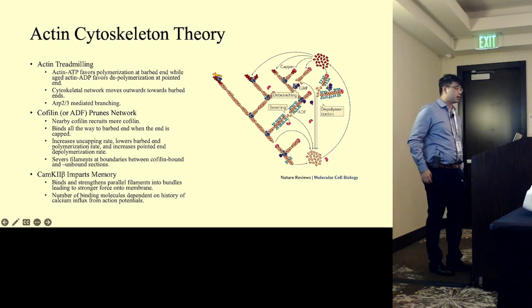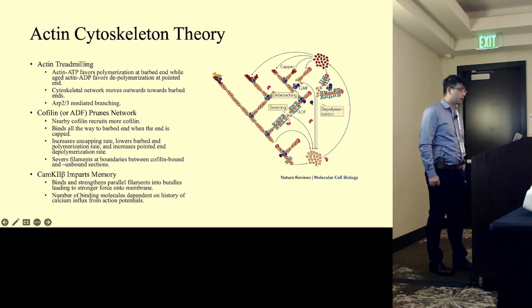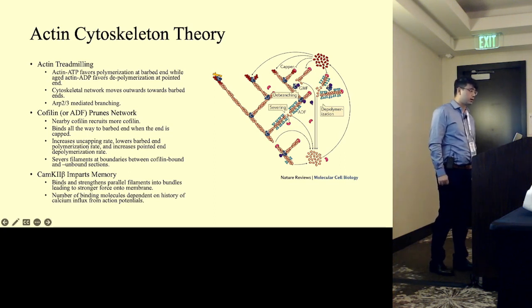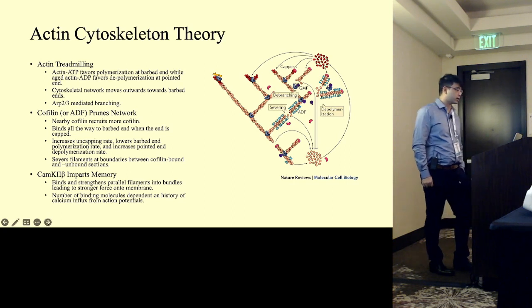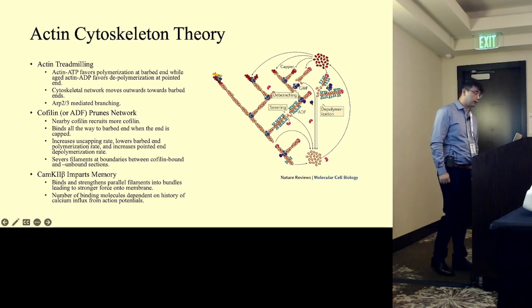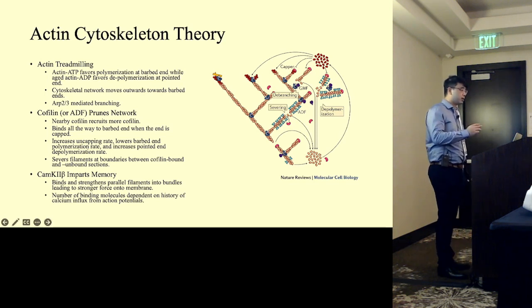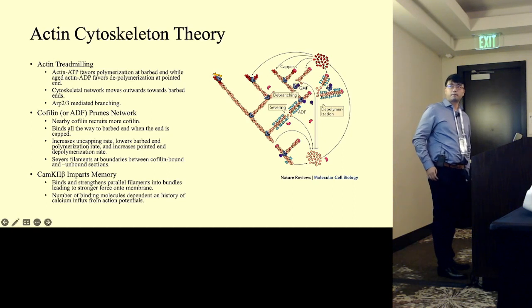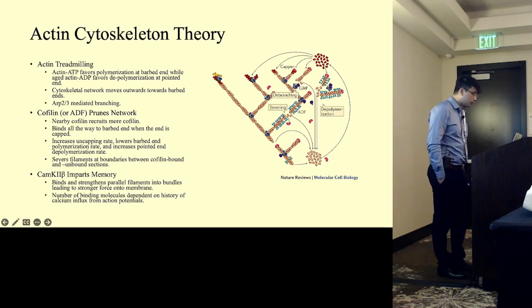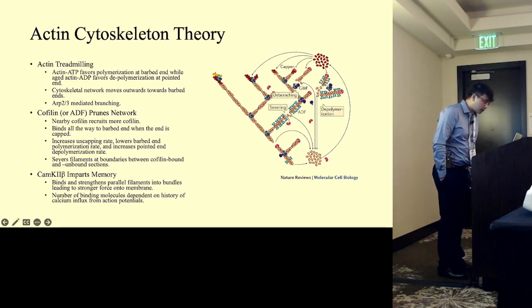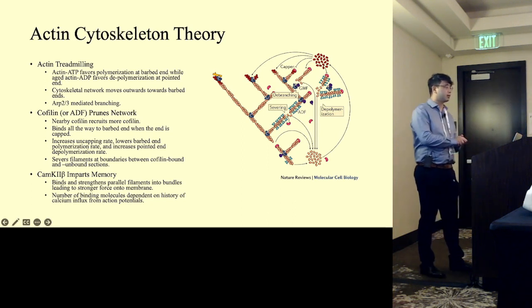When it reaches an end, it increases the uncapping rate and lowers the barbed end polymerization rate, and also increases the pointed end depolymerization rate. And the severing occurs mainly at boundaries between cofilin-bound and unbound sections, so this mainly occurs towards the pointed end more frequently than the barbed end.